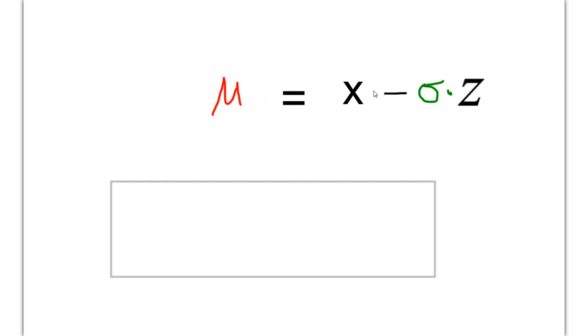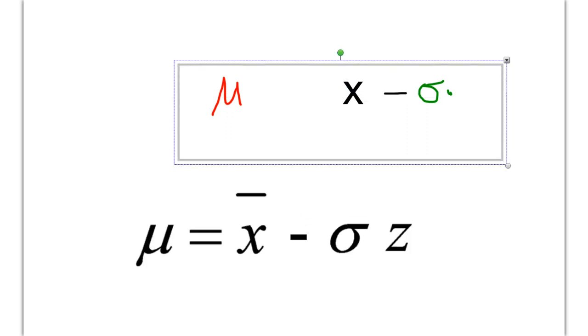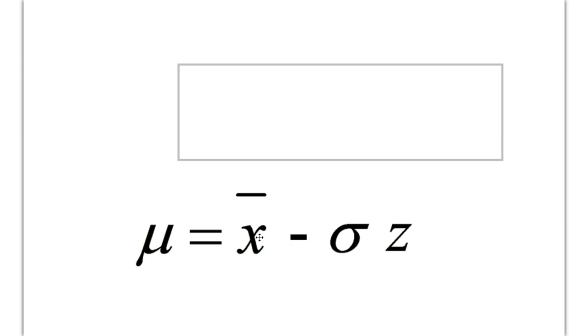You'll notice I made a slight substitution and put in x bar for x here. Because we're looking at sampling distributions, we assume our value of interest is actually x bar, not just x. We still have mu and sigma, so we're not used to seeing these all together in the same equation, but let's go with it and see where it gets us.